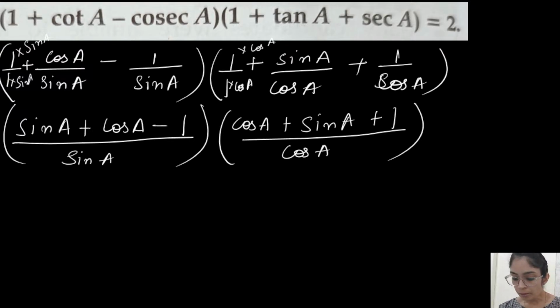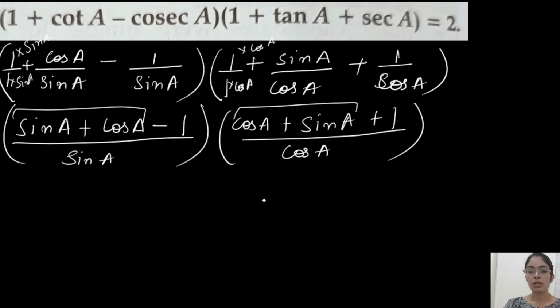We have taken the LCM inside the bracket. Now there is a trick in this question. In the numerator, see sine plus cos here, and also sine plus cos here, the same term. So sine plus cos minus 1, and here plus 1. Suppose this is some a, so it is a minus 1 times a plus 1, of the form a square minus b square.